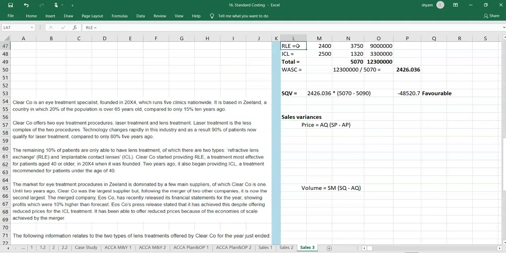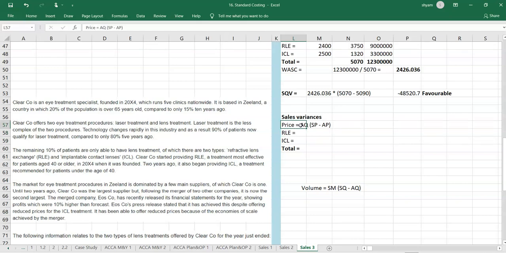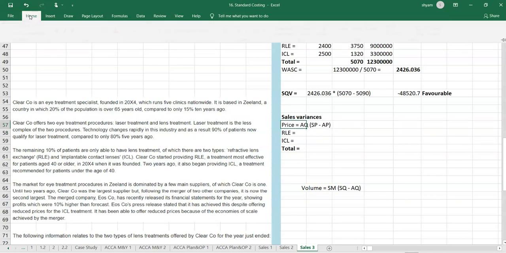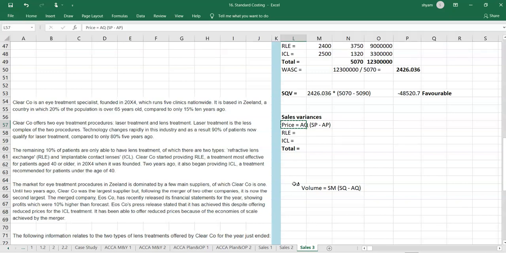We have to do it separately for both. So let's get the numbers.